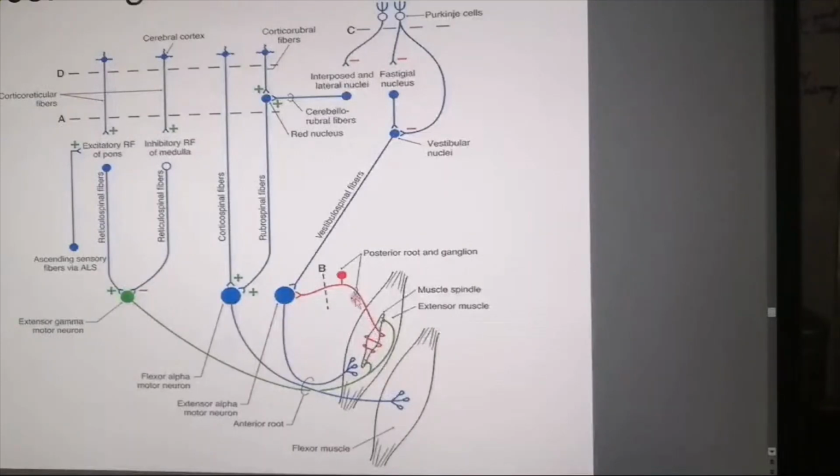Sensory afferent originating from muscle spindle, going through the dorsal root into the spinal cord, synapsing, the only monosynaptic reflex that you've read up till now, probably the only one that exists, directly onto a motor neuron, which, by the way, is an extensor alpha motor neuron.